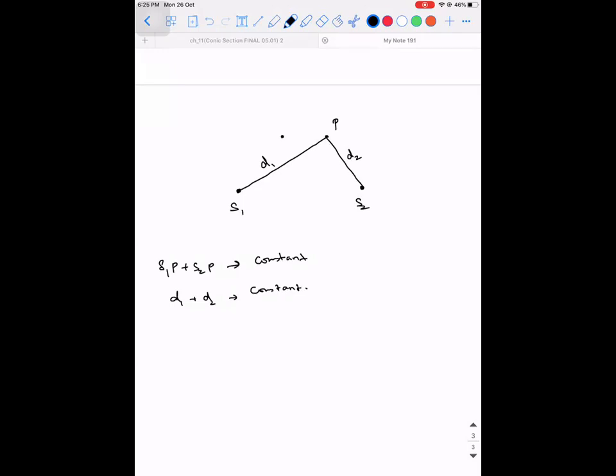Suppose this point P is somewhere over here. If I call this P1, let's say it is moving in the anti-clockwise direction. Now you will have D3 and D4. Similarly, D3 plus D4 will also be a constant. Similarly, when it comes to some point here, then this sum will also be constant.